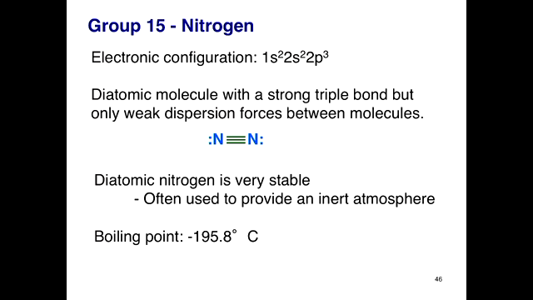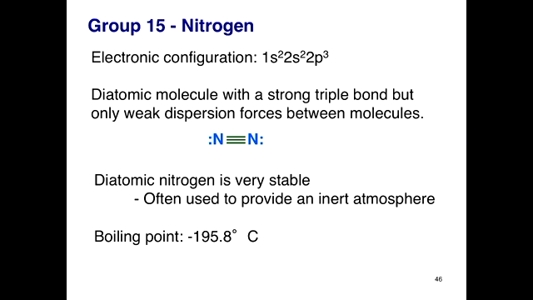Let's look at the group 15 elements. We start off with nitrogen, and nitrogen is a very stable molecule, and we can understand that stability just by looking at its strong triple bond. As a consequence, N2 is often at the bottom of the thermodynamic well as far as nitrogen compounds are concerned.